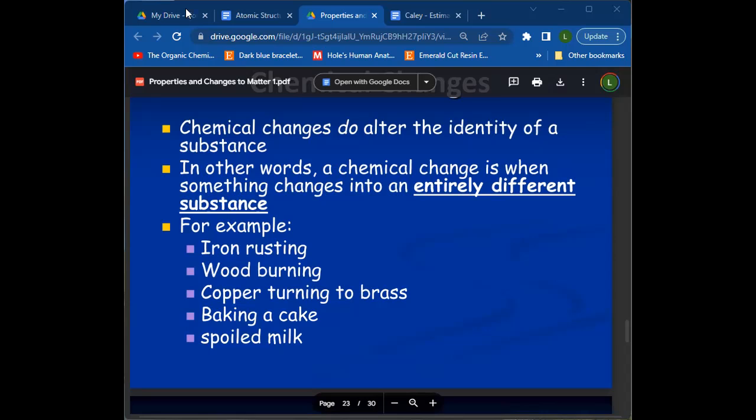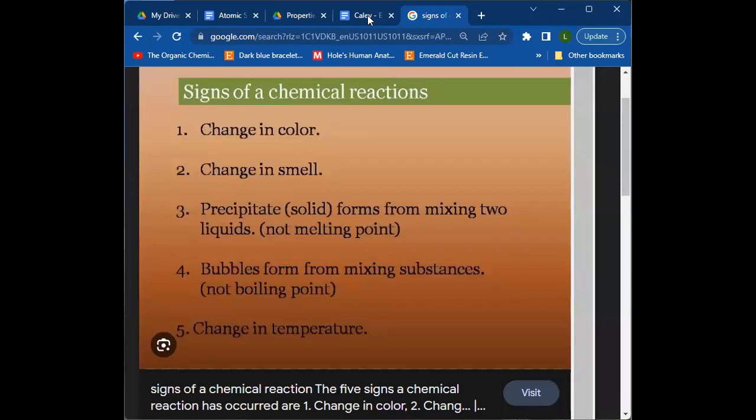Okay. So let's take a look at some of the signs of a chemical reaction because that could help us know when there is a chemical change. For example, if there's a change in color, but we're not just talking about any change in color, we're more talking about a permanent change in color. Because obviously, if you paint something, that's a physical change. Nothing new was really created or made.